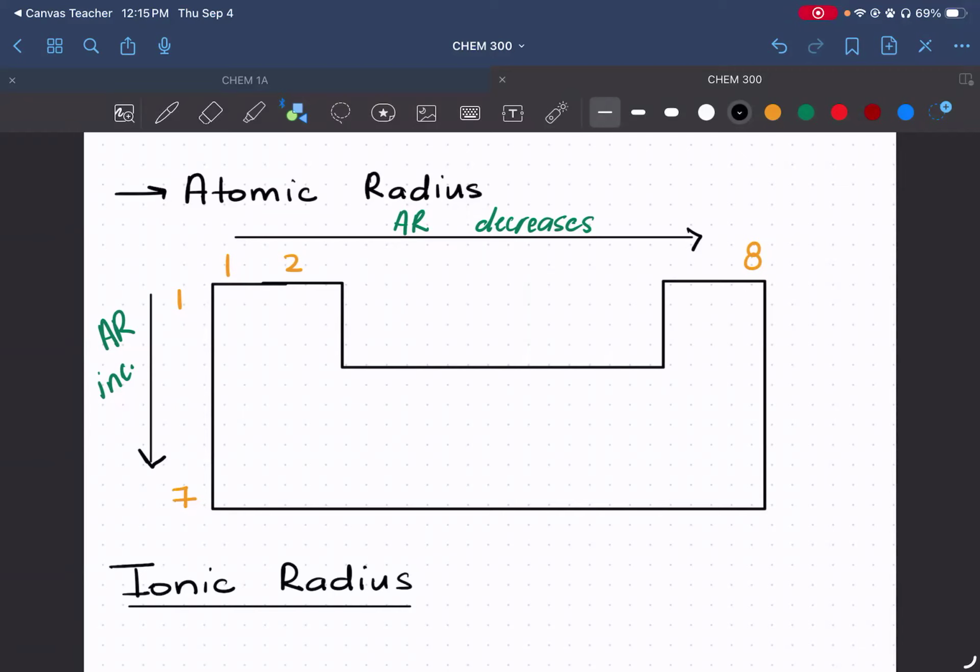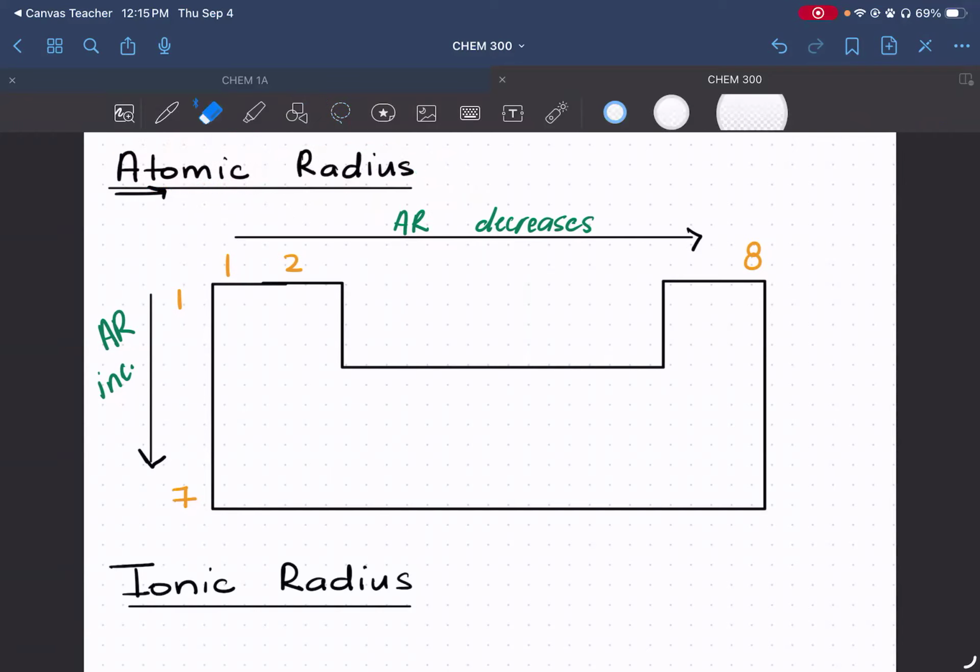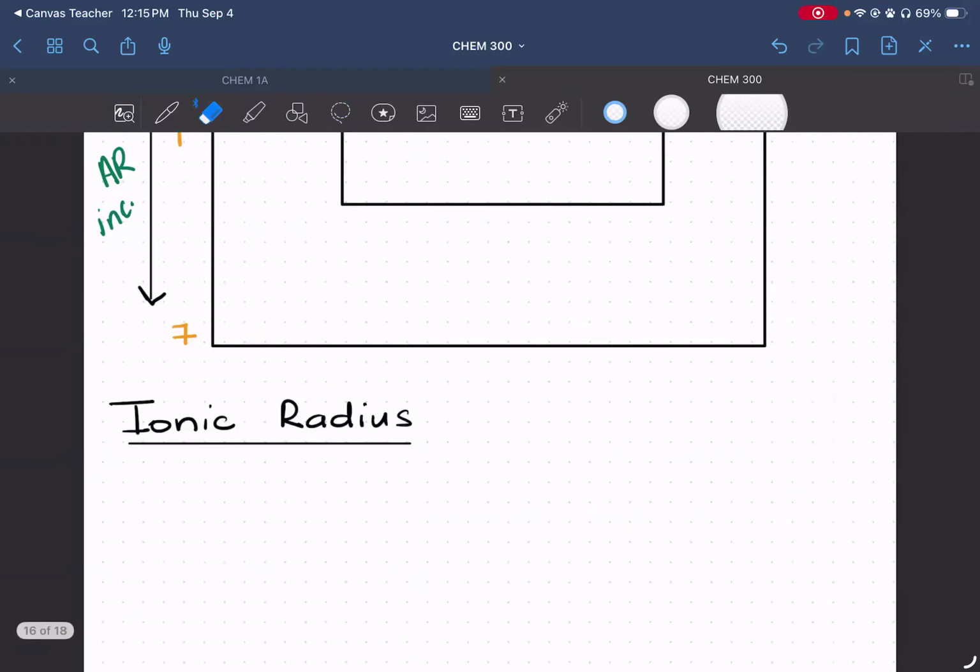The ionic radius is specifically when the atom has either gained or lost electrons. Because it varies how many electrons an atom can gain or lose, there is no explicit trend across the periodic table for ionic radius. Meaning I will not be redrawing this table right here and drawing the arrows.